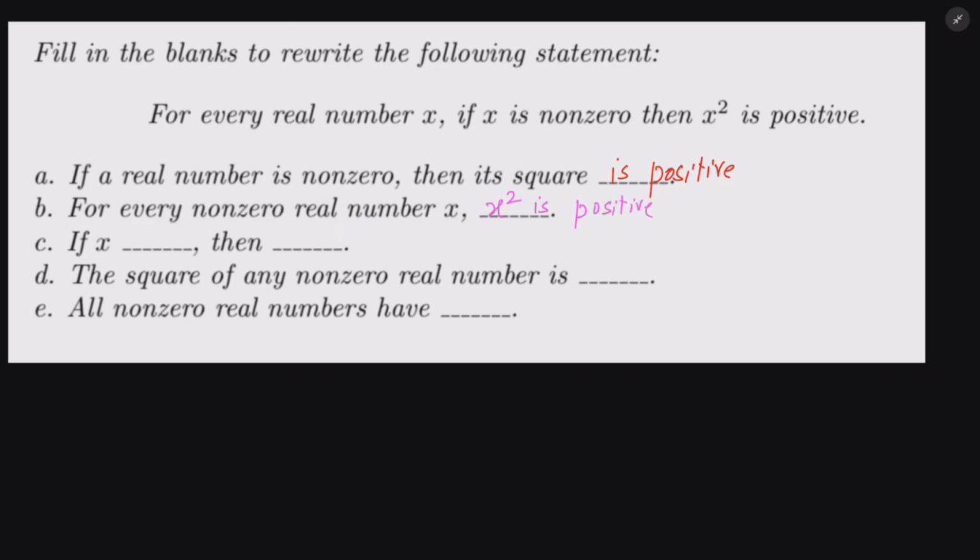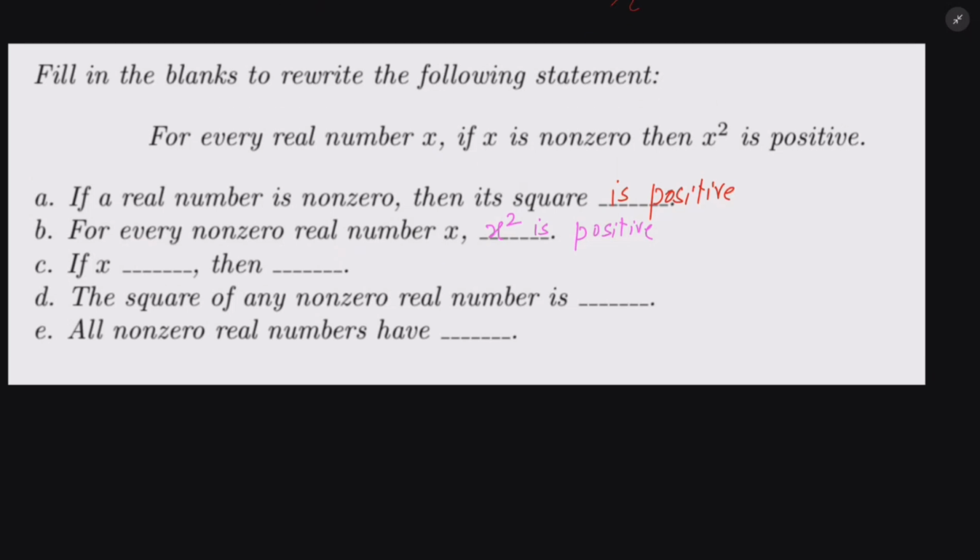In part C, if x is blank, then something is there. What is the condition on x? If x is a non-zero real number, then x square is positive.